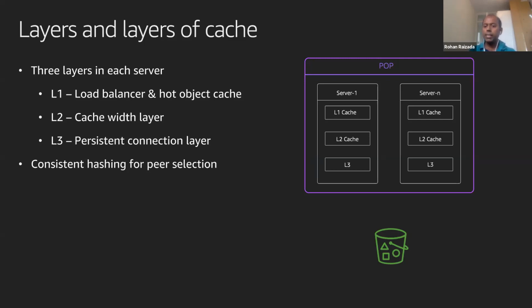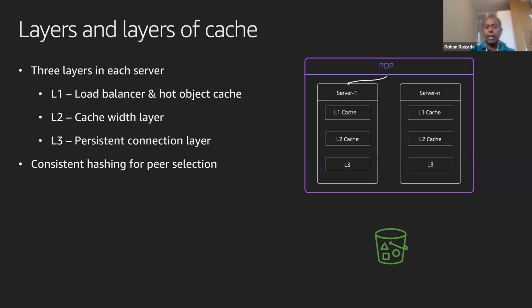It is a caching layer, and the sole purpose of this layer is just to read and write from cache. The layer 3, L3, does not have any cache at all. What it does is maintain a connection pool towards the origin using persistent connection mechanisms. We'll see the benefits of these later on.